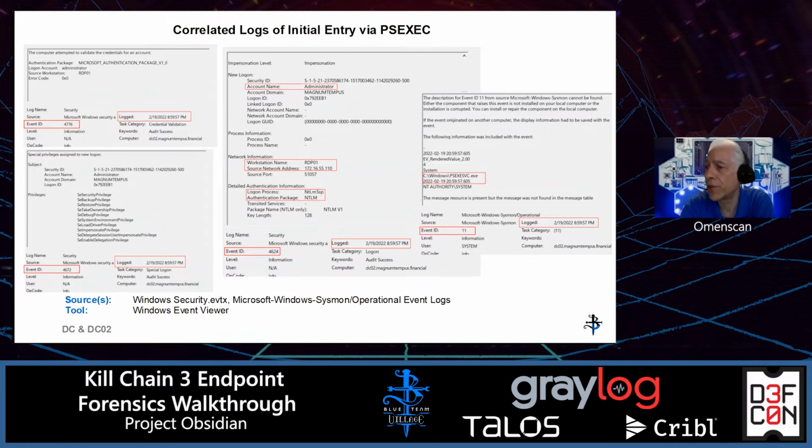And you'll notice that all of the timestamps are 8:59. So this is a strong correlation that RDP01 authenticated to DC02 and ran PsExec on that machine.